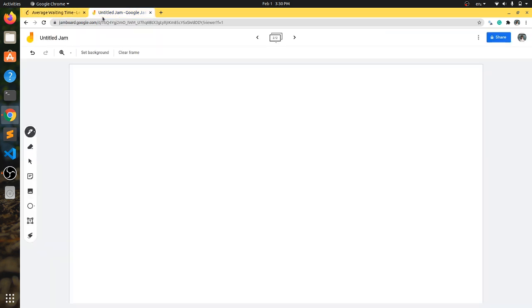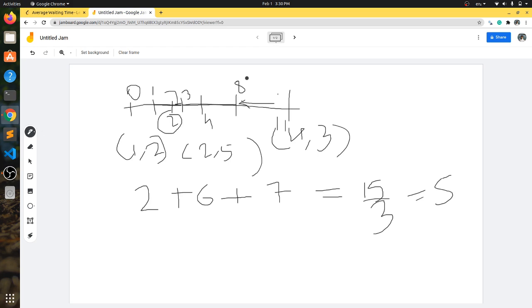First we made a timeline, and here we are doing our calculations. With the help of this timeline, can we make an algorithm from it?